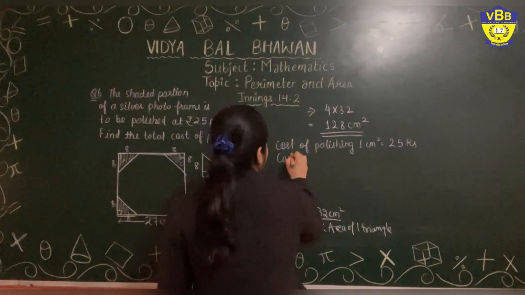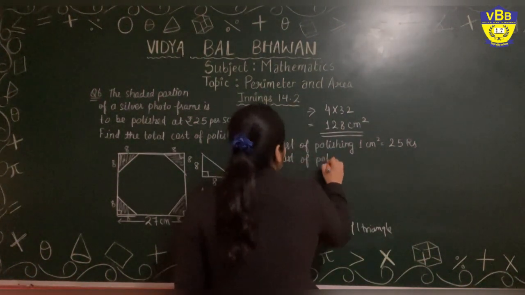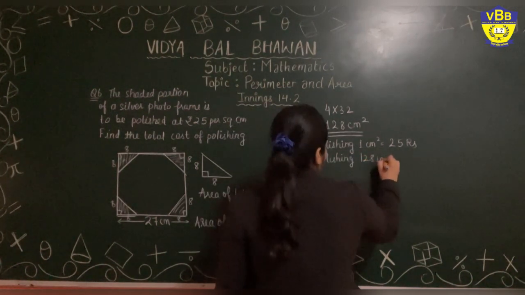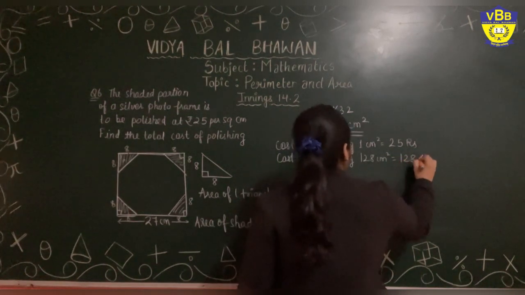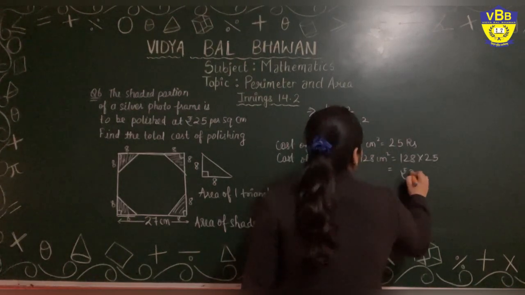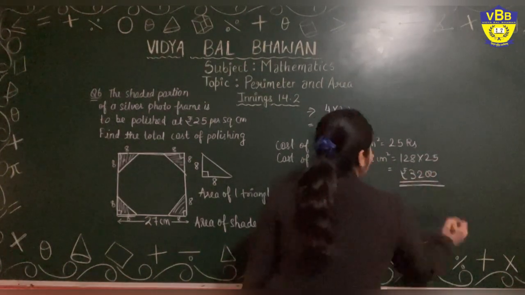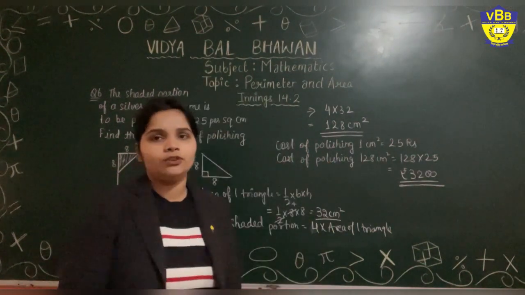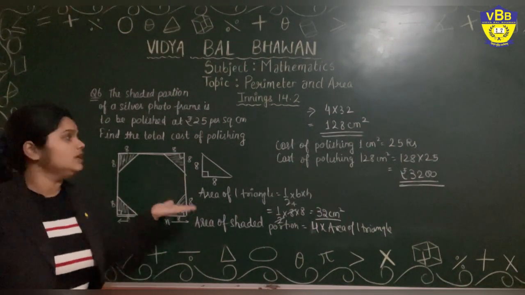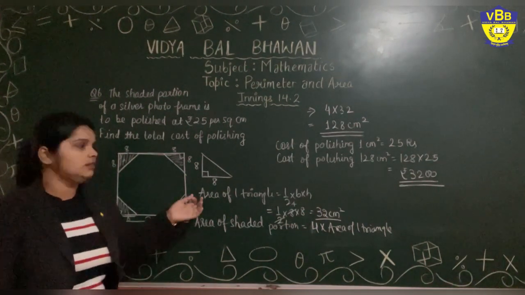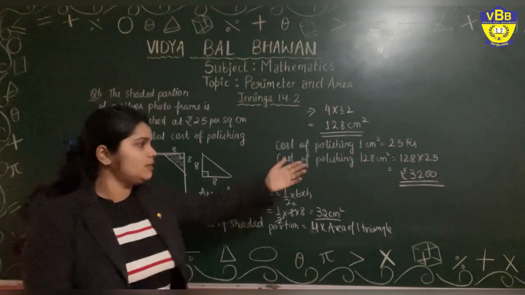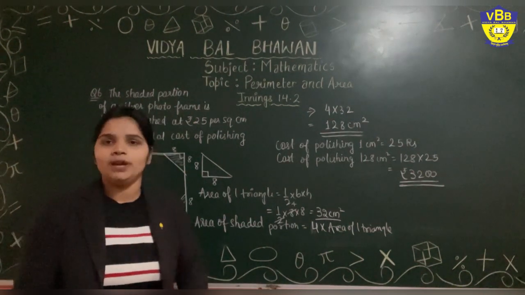So, cost of polishing 128 centimeter square will be 128 multiplied by 25. That gives you 3200 rupees. That's it for this question. Find the area of shaded portion which has to be polished. Cost is given, so multiply the cost with the required area.